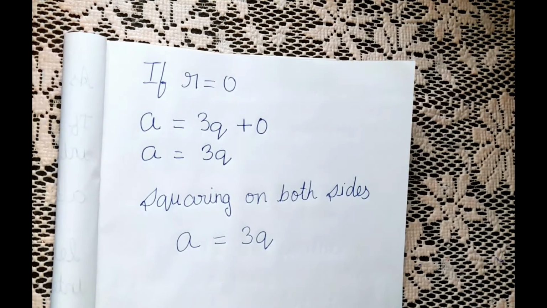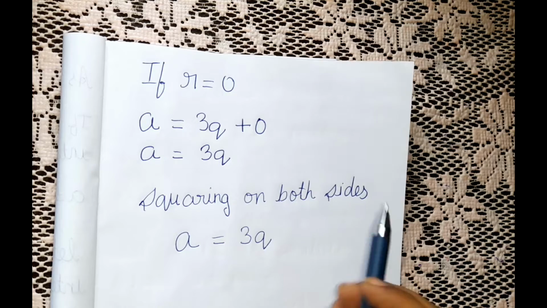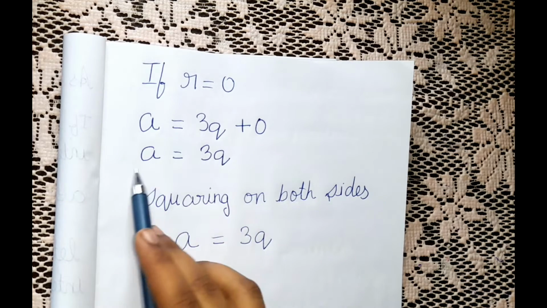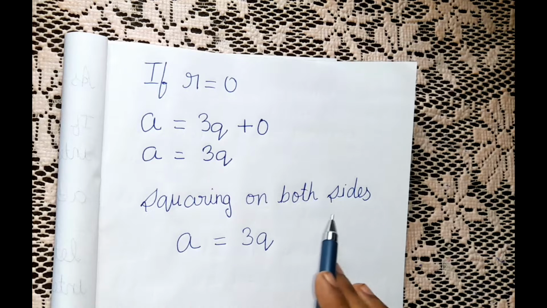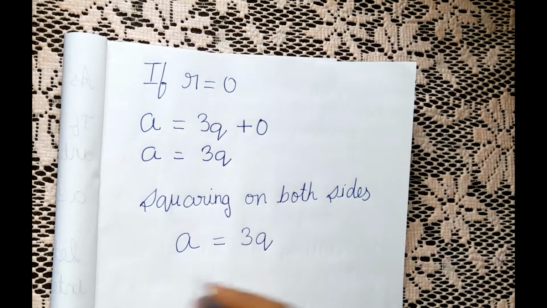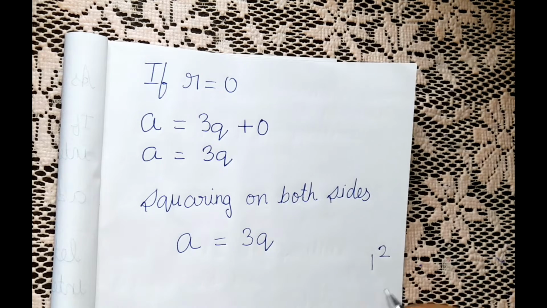So, squaring on both sides. After writing squaring on both sides, we shall write this form. That is a is equal to 3q. So, we wrote squaring on both sides. Then squaring means 2. Am I right? In exponent, we say 2, a square. For example, if it is like this, we say it 1 square. If it is like this, then we say 2 square.